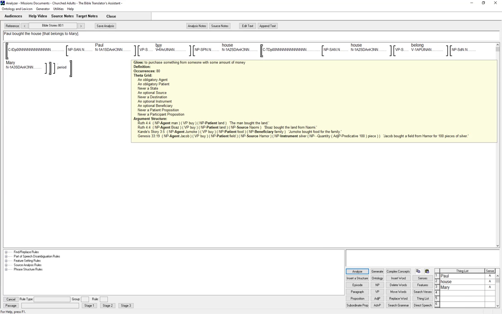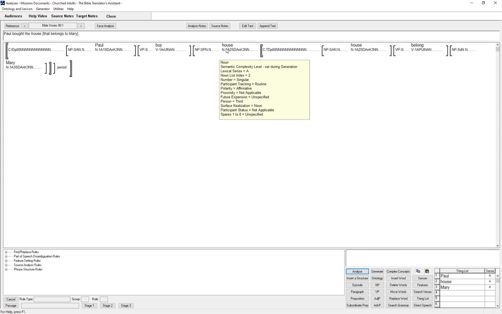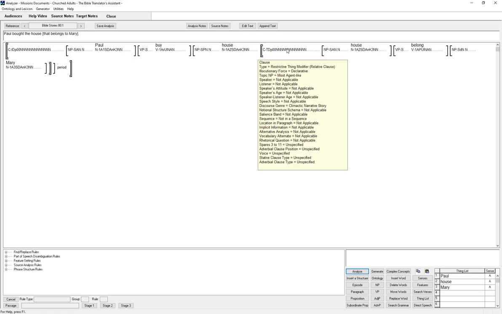Okay, Paul bought. It's discourse, so to be bought, the house, and it recognized it as a relative clause.